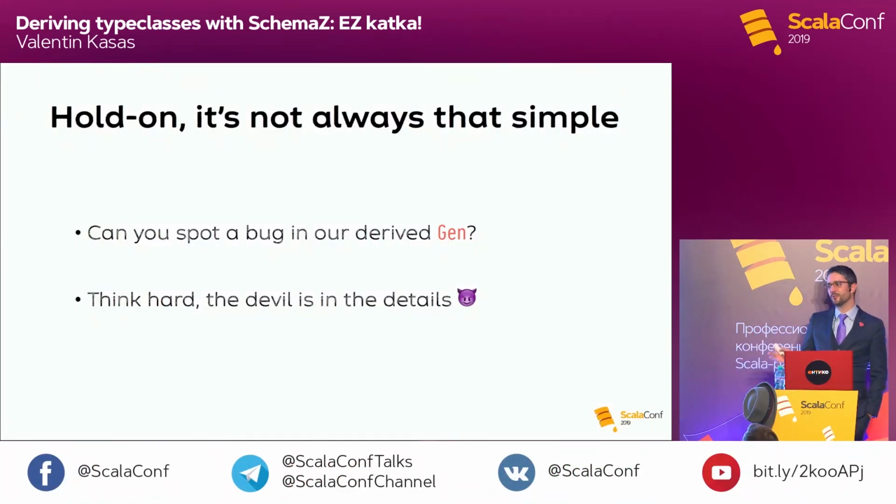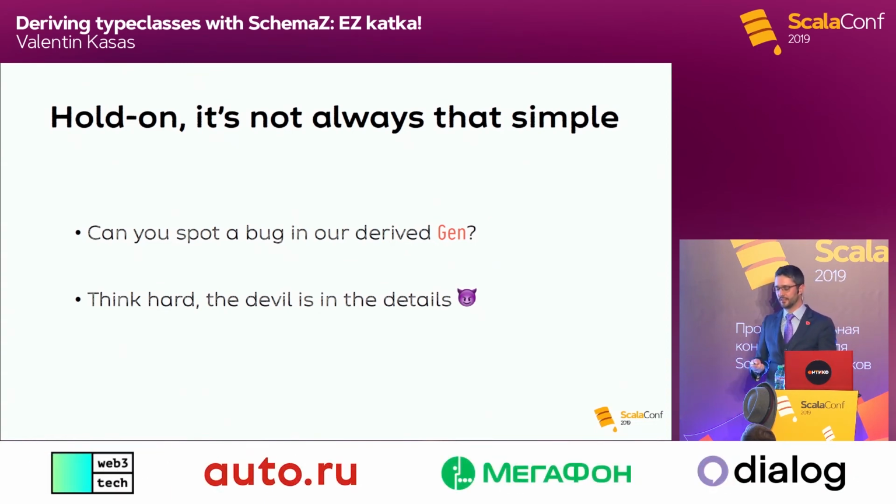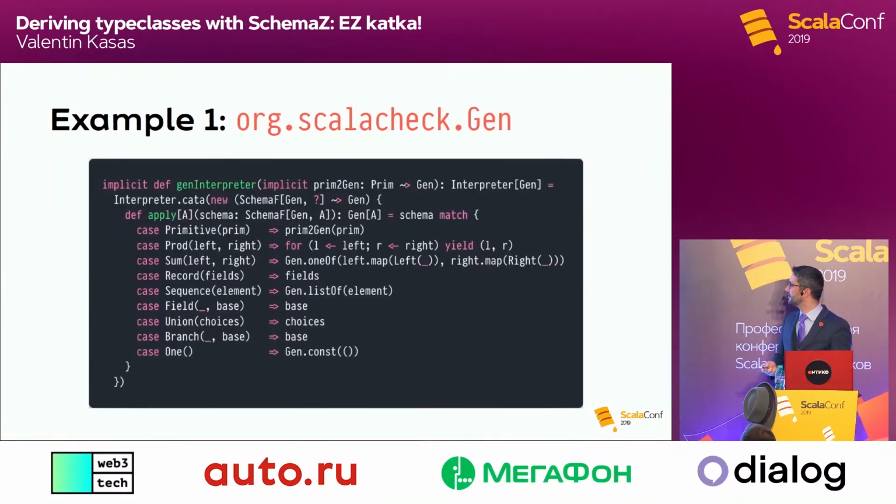But it's not always that easy. There was a bug in the gen I just showed you. Can you spot it? You want me to show the slide again? The bug is somewhere there.